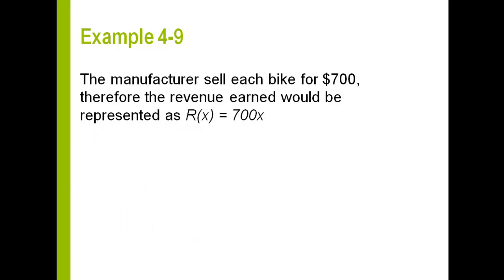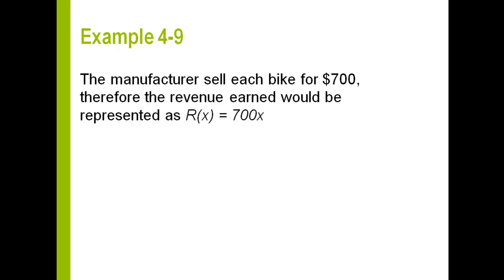Now also we have a revenue equation, and this is a function. The manufacturer sells the bikes for $700. Therefore, the revenue earned would be 700 times x. So we would write this in function notation.